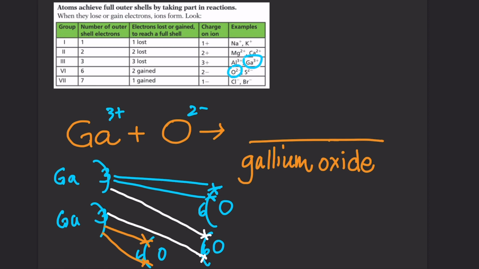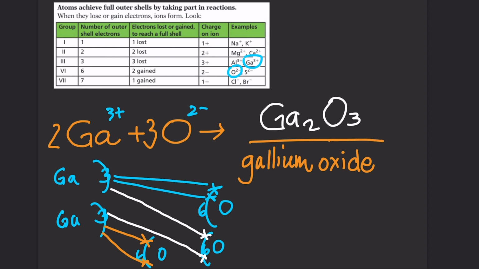So in other words, 2 gallium atoms bonded with 3 oxygen atoms to make gallium oxide, which is written as Ga2O3.